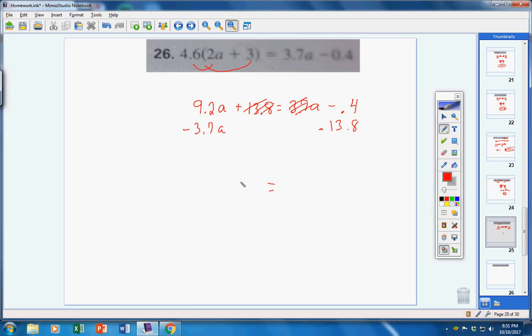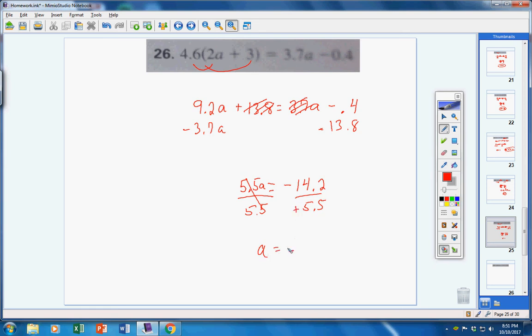Over here, we would get positive 5.5a. Over here, negative and negative, so it's still negative, and you would get 14.2. Now, divide both sides by 5.5. These cancel. A negative over a positive is negative.